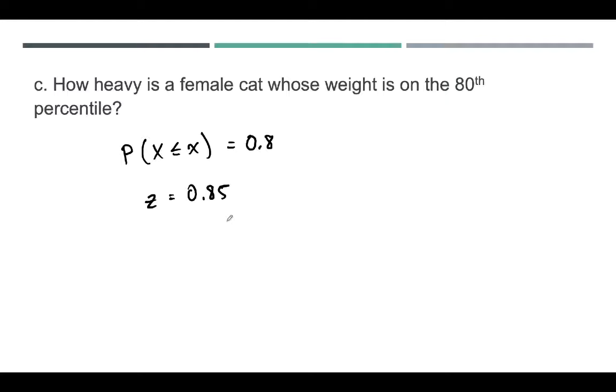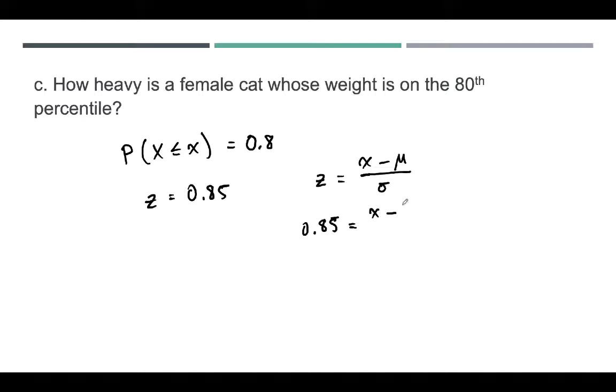The question is, what is the weight going to be? So we're going to use this equation here, and we're going to plug in everything we know. What we don't know is x. We do know z, so we know that z needs to be 0.85.